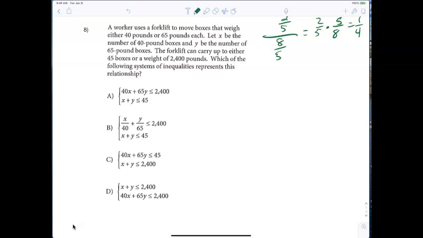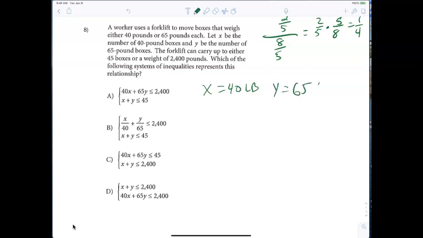Everybody read number 8. All righty, AC, read it for me real quick. The worker uses a forklift to move boxes that weigh either 40 pounds or 65 pounds each. Let X be the number of 40-pound boxes and Y be the number of 65-pound boxes.